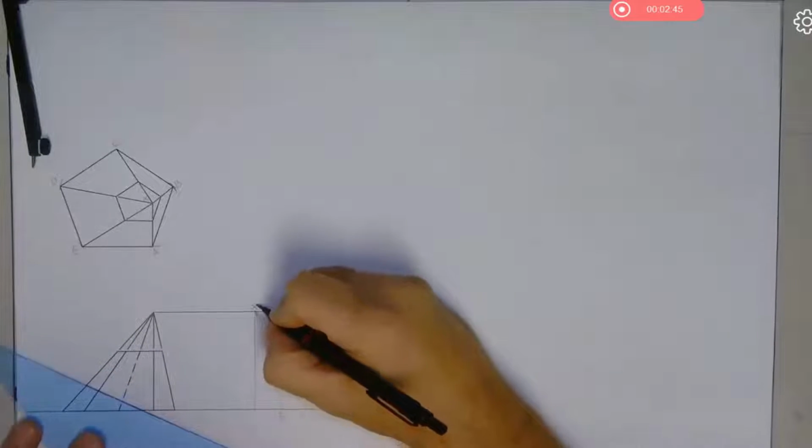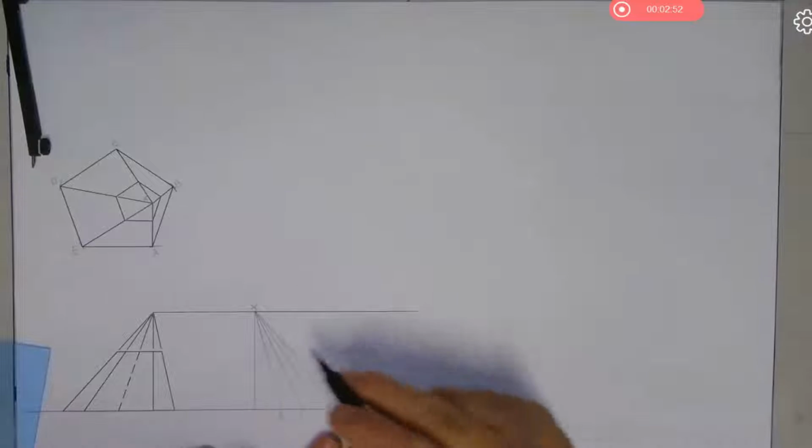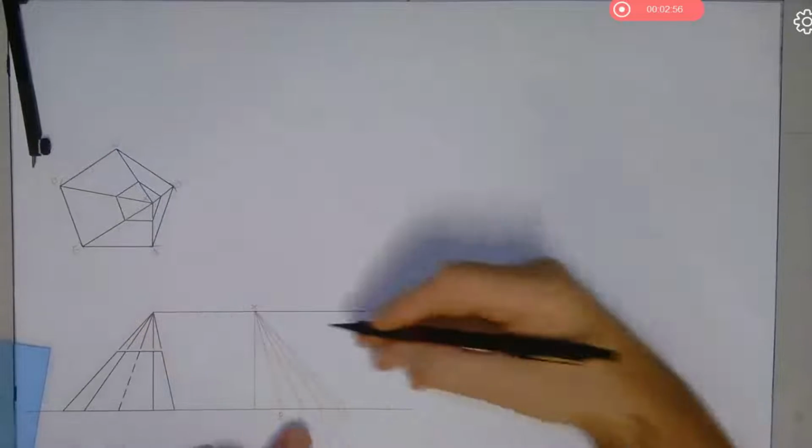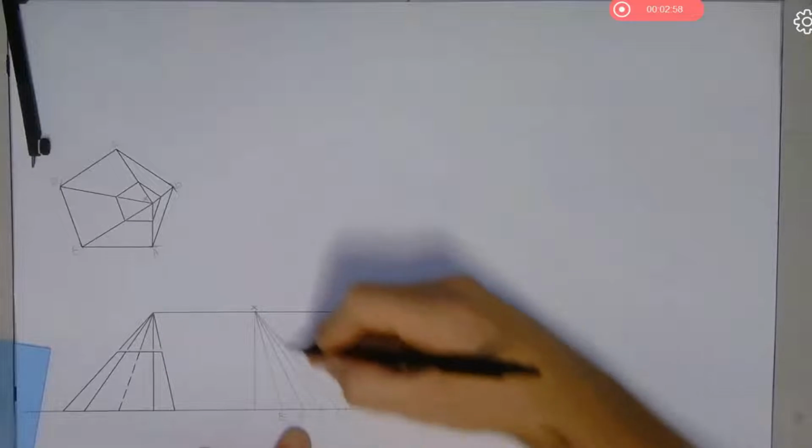This is point X. So in this diagram we have the true length of A, B, C, D, and E to X. So A to X, B to X, C to X, D to X, E to X. These are all the true length lines.